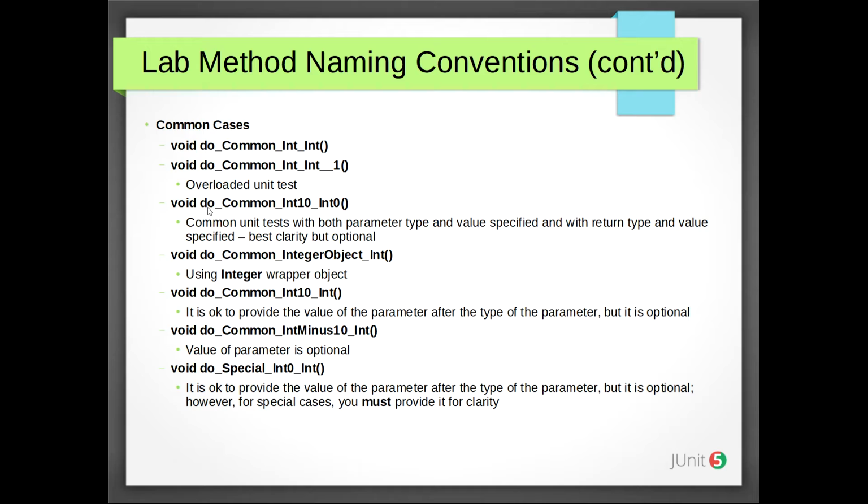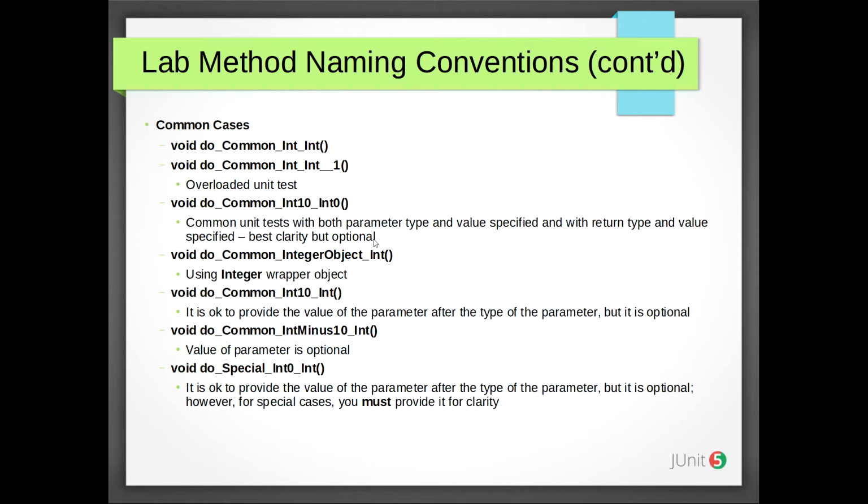So for void do underscore common underscore int 10 underscore int 0, it means that common unit tests with both parameter types and values specified and with return type and value specified are possible. It provides for best clarity, but it is optional.